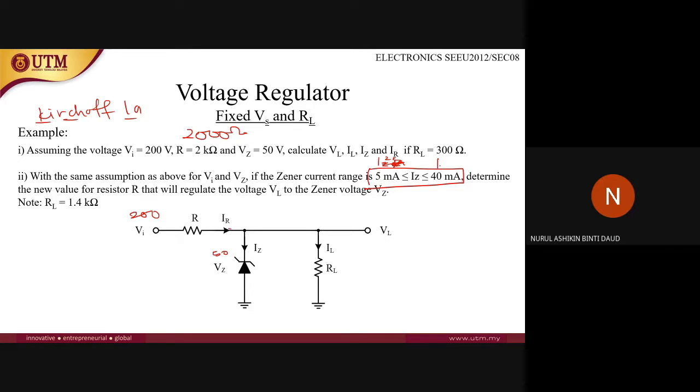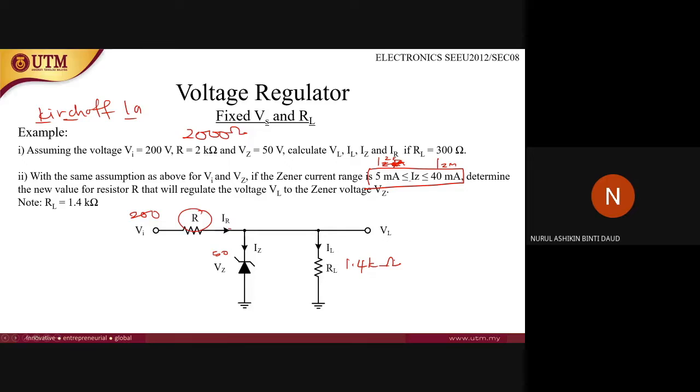This is IZM. Okay, so this is the current range of the Zener. Determine the new value of the resistor. What is the value of the resistor that will regulate the voltage VL to the Zener voltage VZ? Note now the value of RL is 1.4 kilo ohm.